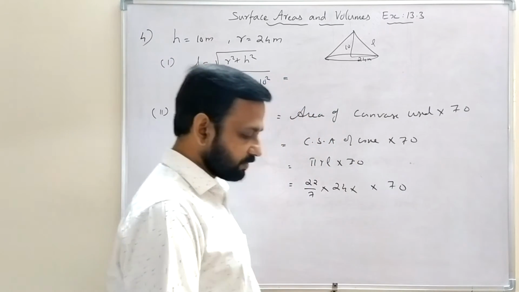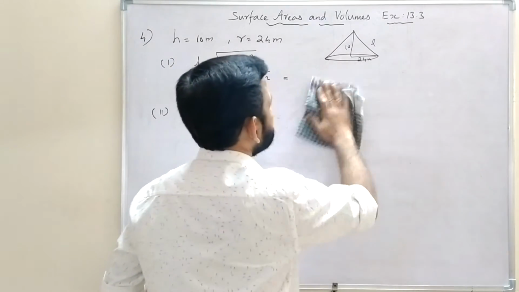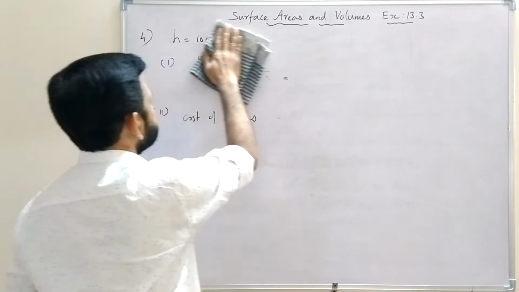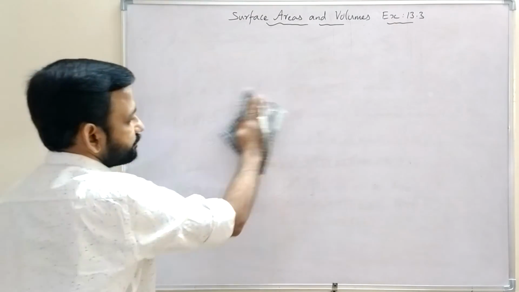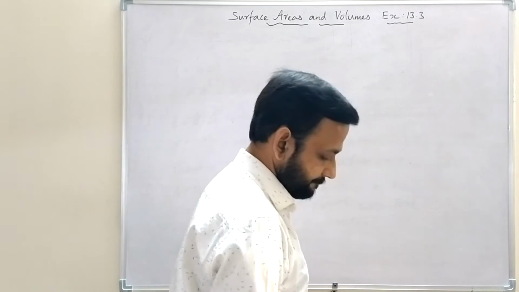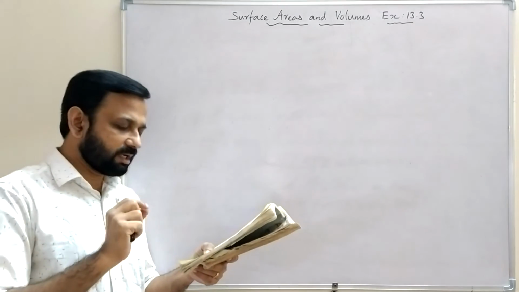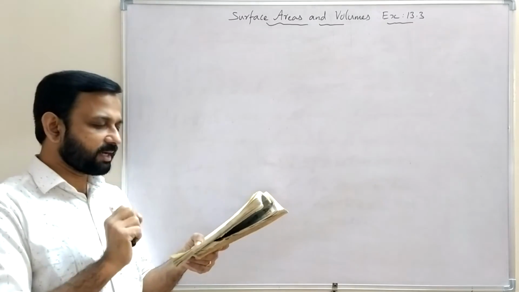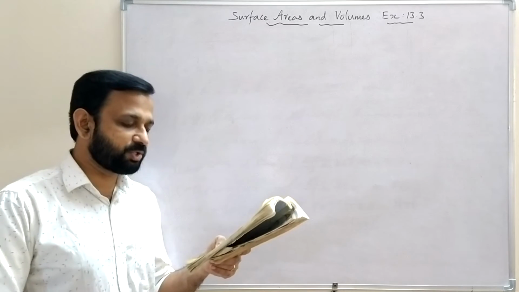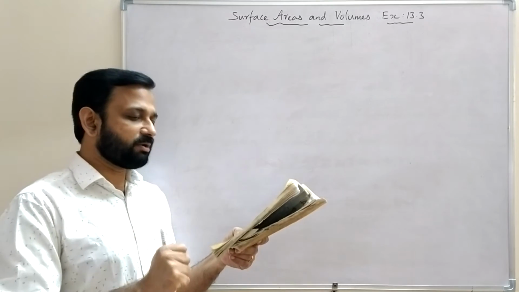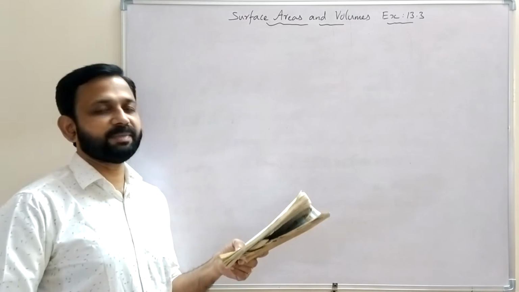So now we have to do question number 5. In question number 5, the question is what length of tarpaulin 3 meter wide will be required to make a conical tent of height 8 meter and base radius 6 meter.